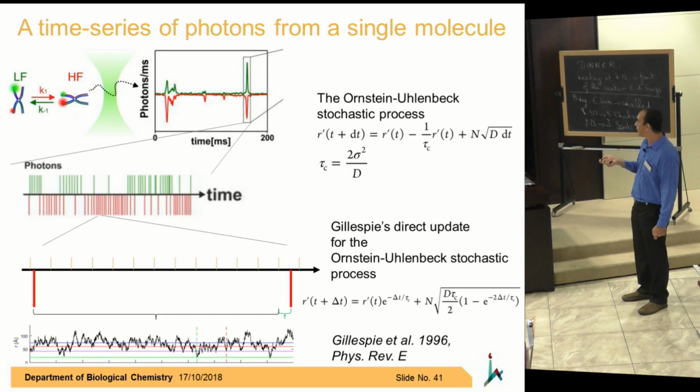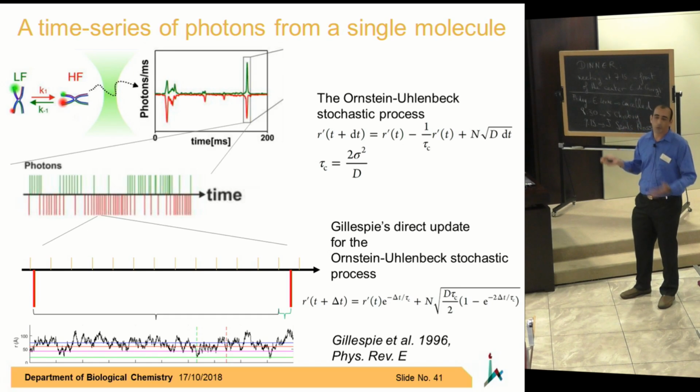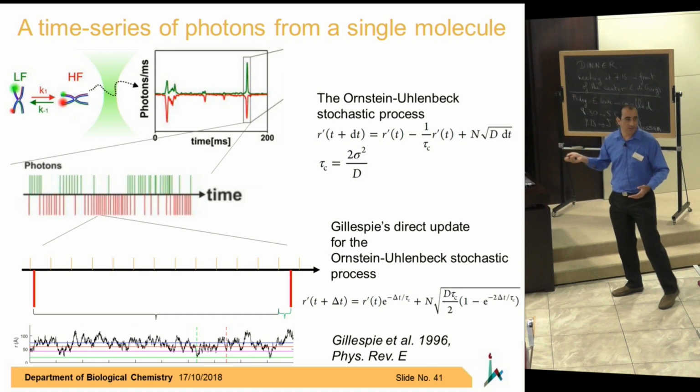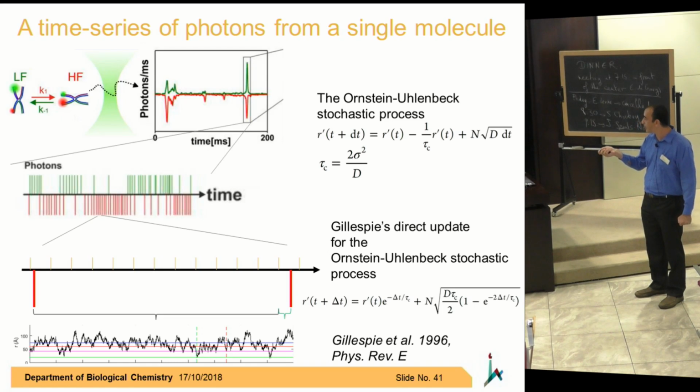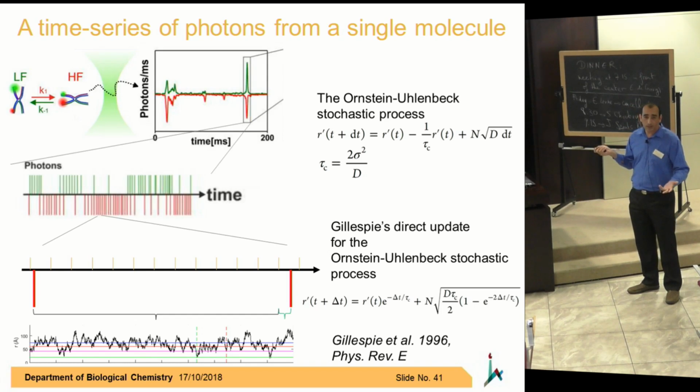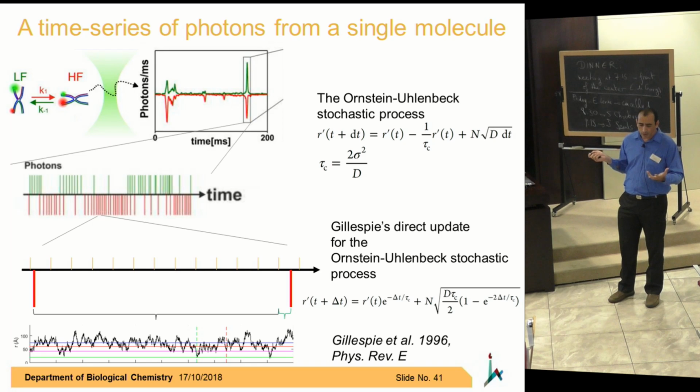So imagine that you have this distance trajectory. It doesn't matter whether it's really that one. It's just the statistics of the distribution and the dynamics that led to it. So this is the Ornstein-Uhlenbeck process that we heard about a lot. But the problem is that in order to use it in Monte Carlo simulations, you have to have infinitesimal time increments. That's kind of a computational problem.